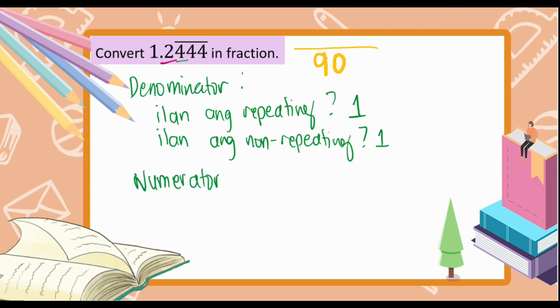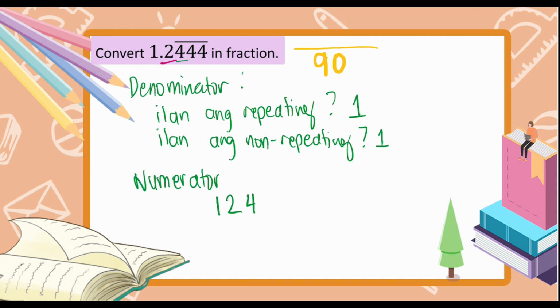So, paano naman natin gagawin yung numerator? So, ang una natin gagawin, kunin ninyo yung digits na non-repeating and yung mga unang repeating. So, yung ating non-repeating, we have 1, 2, tapos yung unang repeating natin, which is 4. Okay?